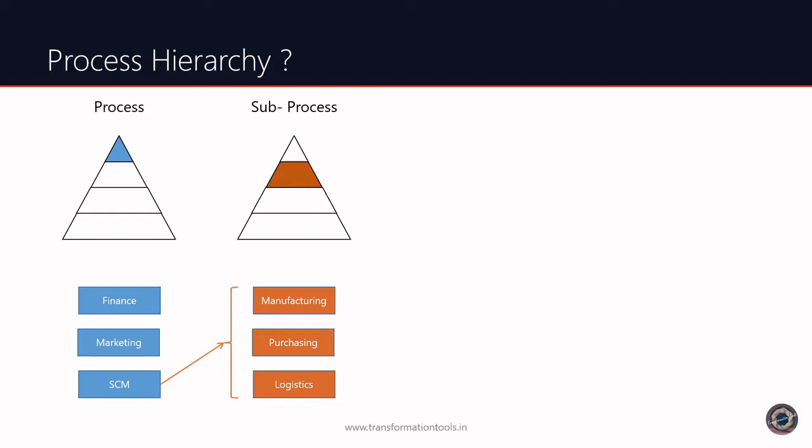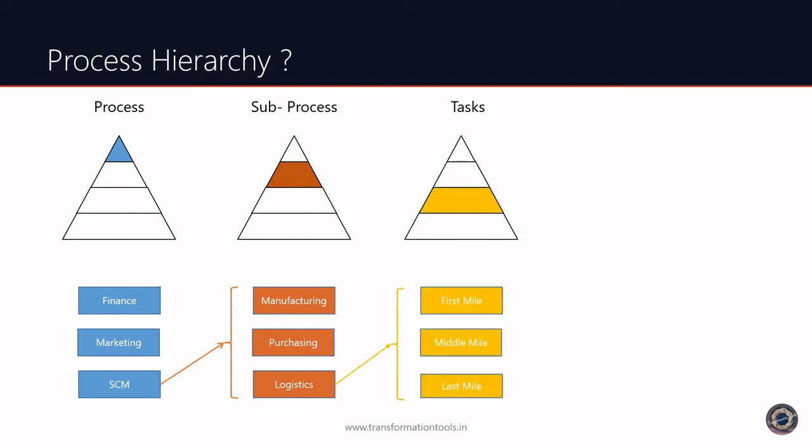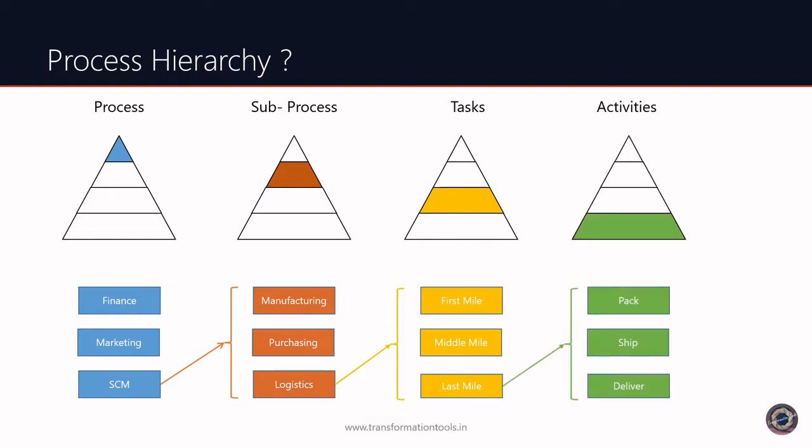We further break it down to a level where we call them tasks. At level 3, for example, logistics will have tasks such as first mile, middle mile, and last mile. And then finally, the task can be broken down into activities, where in the last mile, we have specific activities such as packing, shipping, and deliver.